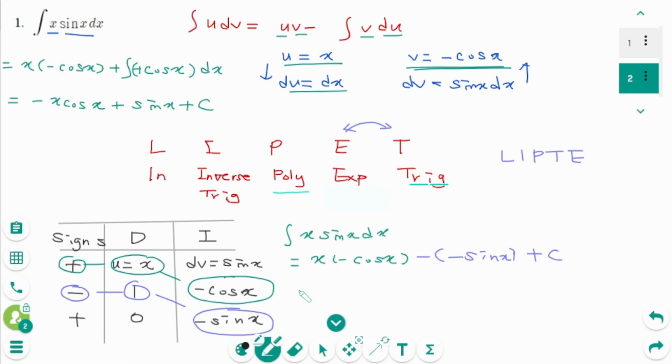And the final answer is minus x cosine x plus sine x plus c. And we have the same answer. But remember, you cannot use u as ln or inverse trig this way. It is only available when u is a polynomial.